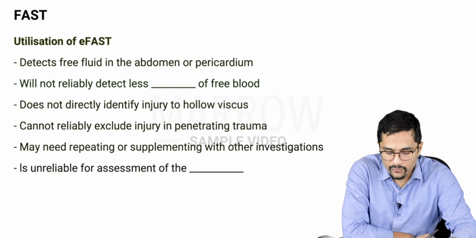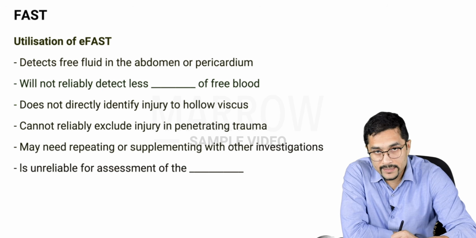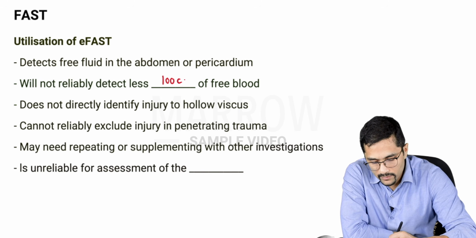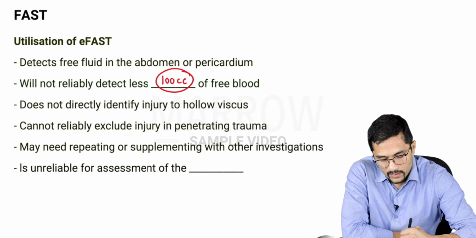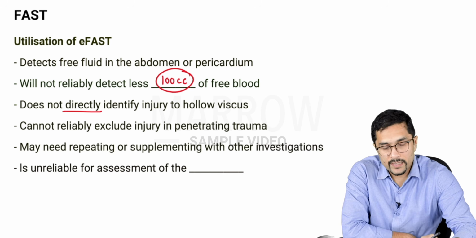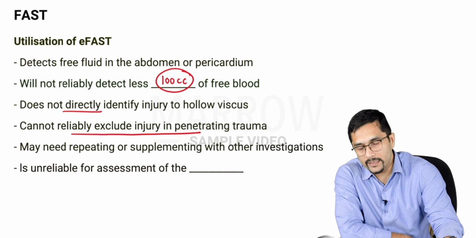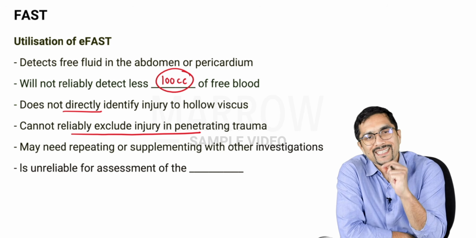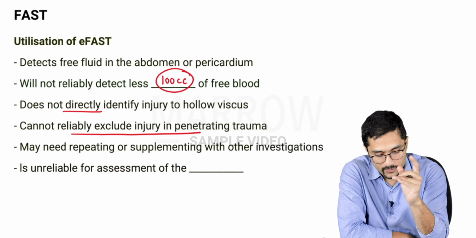It detects free fluid in the abdomen and pericardium, but will not reliably detect less than how much blood? 100 cc. It does not directly identify injury to hollow viscus, cannot reliably exclude injury in penetrating trauma, which is why the guidelines for workup in penetrating trauma are slightly different.